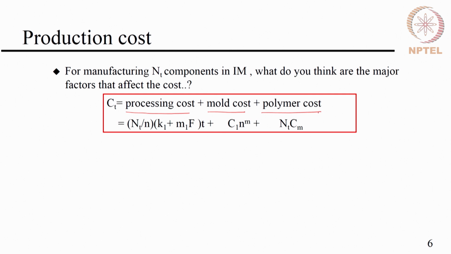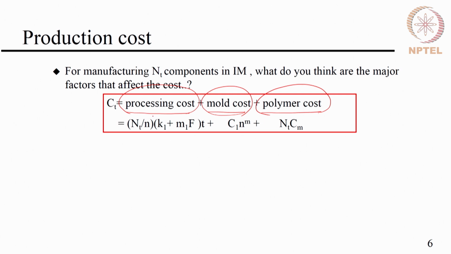The material cost is determined based on the material that is selected, and it is not dependent on the number of cavities in the mold, but the number of cavities determines the mold cost and also the processing cost, which is the hourly rate.